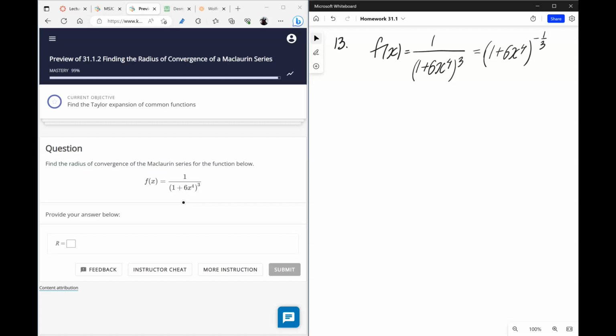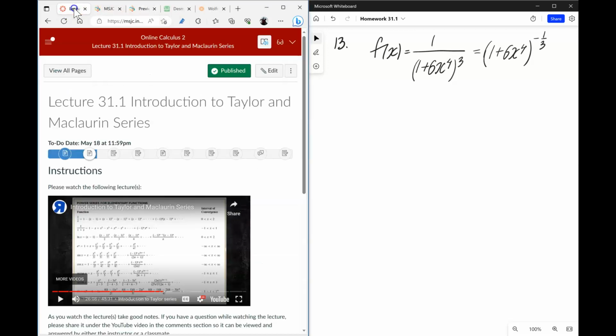And we're going to recall this formula. But this formula only works when this expression in absolute value is less than 1.